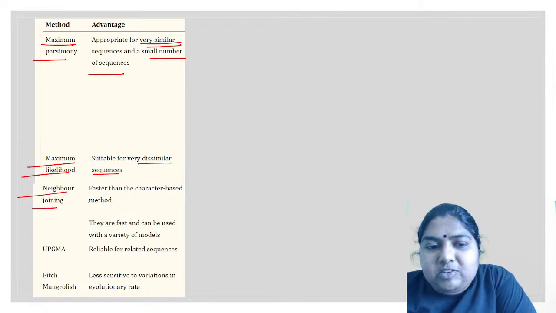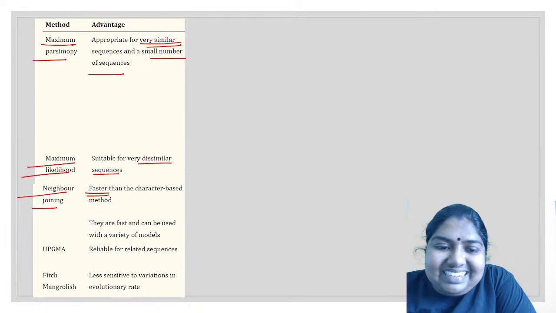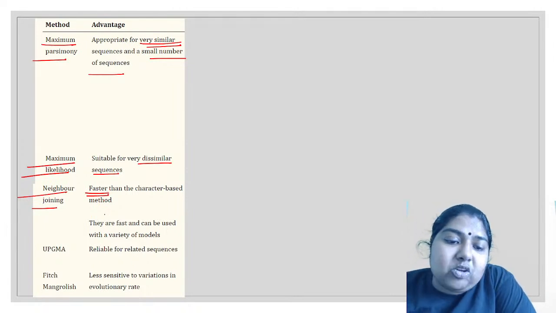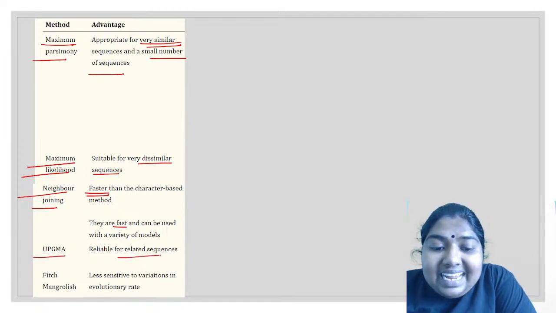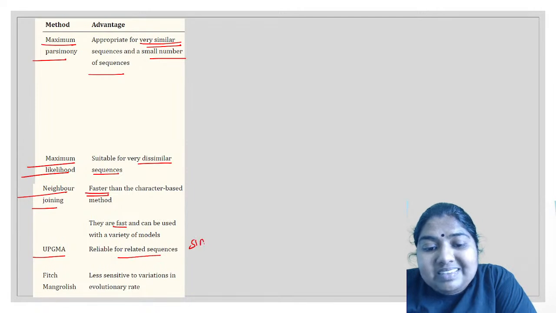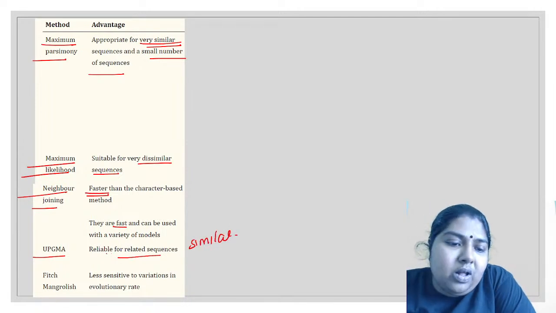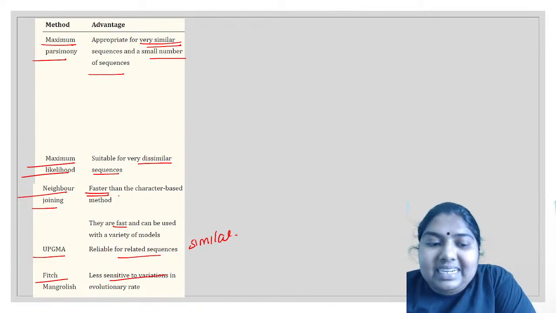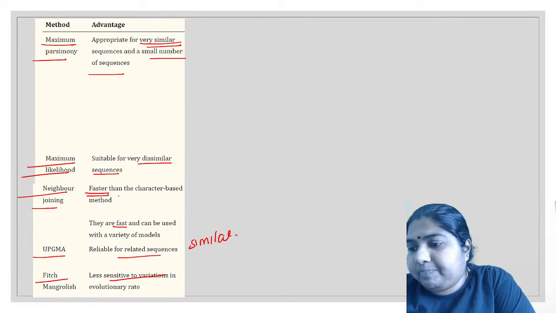It is distance based, so it is very fast. Whenever you are speaking with numerical values, it is calculated. It is a fast method. UPGMA is for related sequences, that means it works only for similar sequences. And the Fitch method is less sensitive to variation.